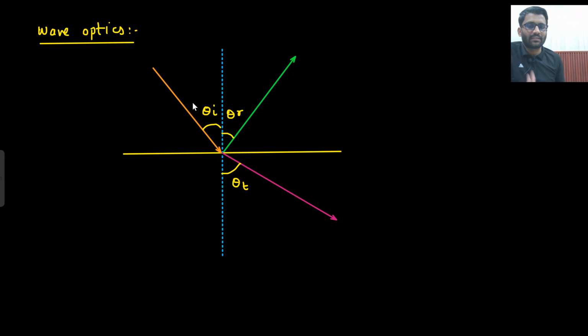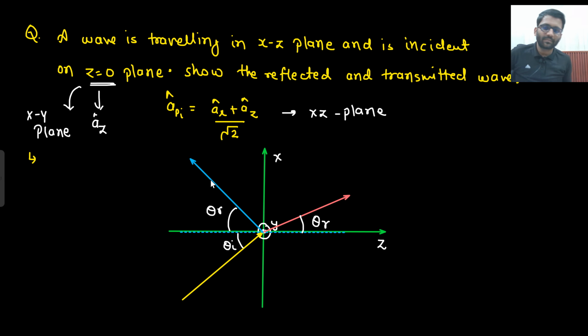But before that, let's understand wave optics. Have we studied wave optics? In our 10th and 11th classes, we have studied wave optics. You do not need to remember wave optics completely. What I need you to remember is that theta i is equal to theta r. Basically, this angle is equal to this angle only. Let's say this is my medium 1, from where the wave is coming, and this is my medium 2, where the wave is transmitted.